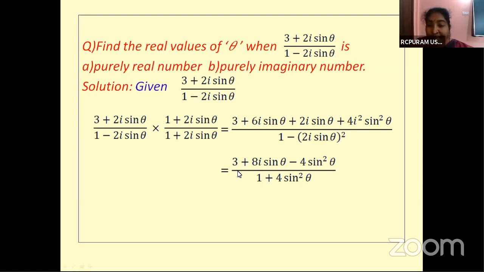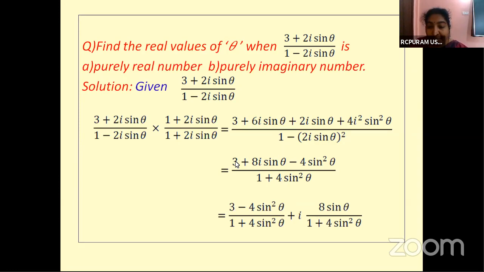So you have 3 plus 6i sin theta plus 2i sin theta, which is 8i sin theta, plus 4i square. I square is minus 1, so you get minus 4 sin square theta, divided by 1 plus 4 sin square theta, since 2 square is 4 and i square is minus 1, and this minus gives plus. Next, we have it as 3 minus 4 sin square theta.